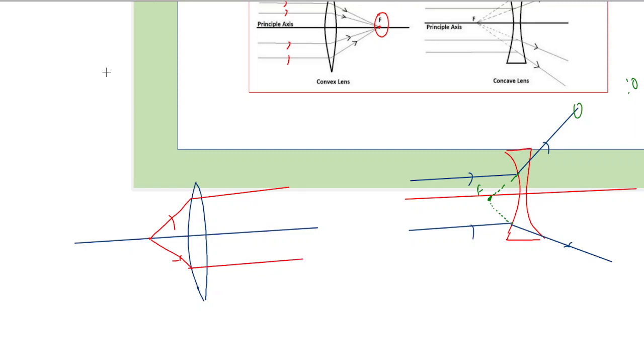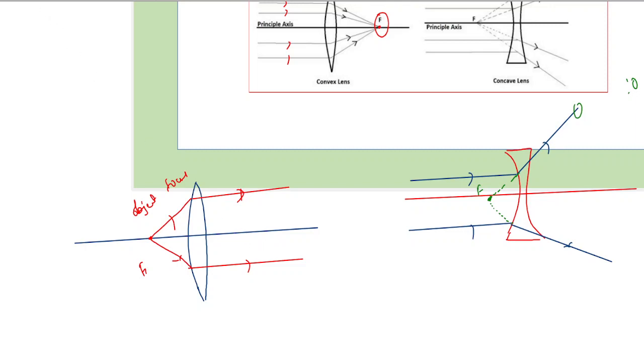So it basically means that these light rays are tending towards infinity. So this point here is called the object focus, or F1.